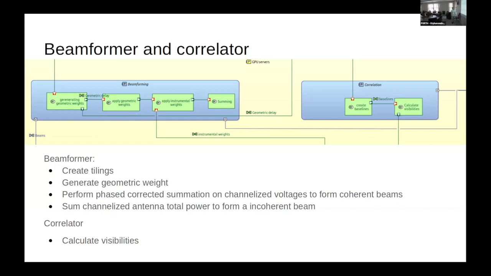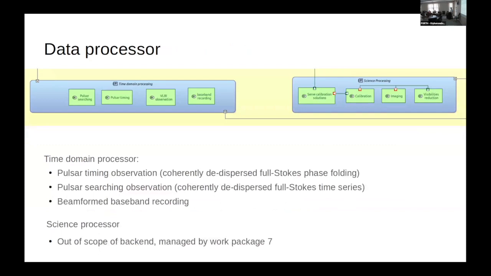The correlators are also detailed in other talks; they calculate the visibilities. The backend is hosting these correlators, which are not managed by us. And similarly, we have the data processors, one tied to the backend design.